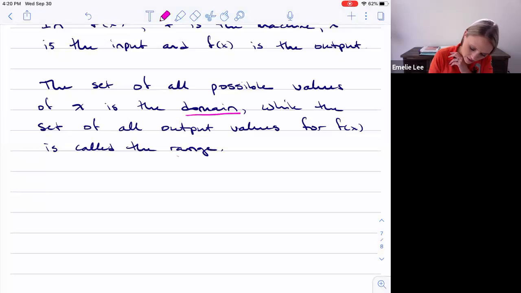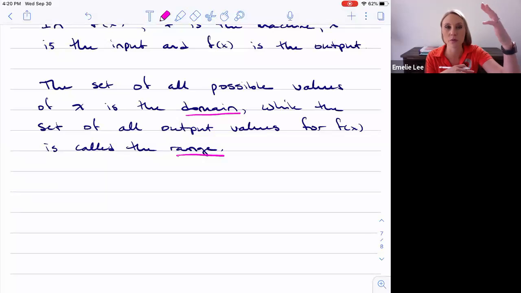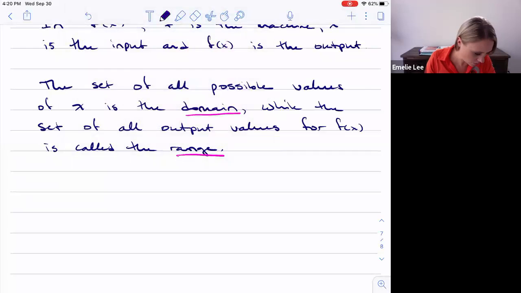So the domain is all the possible input values, so all the values of x, and the range is all the possible output values, or all the values of y, if you want to think of it that way.